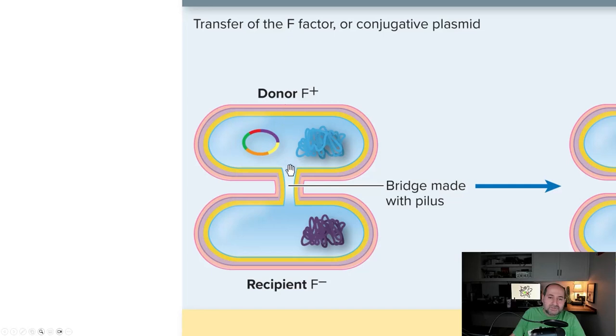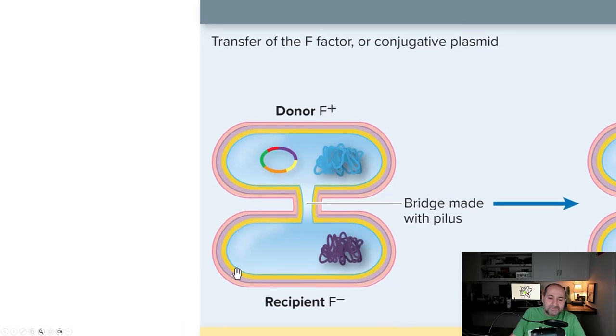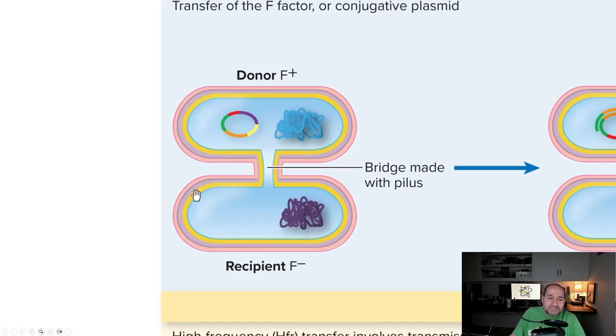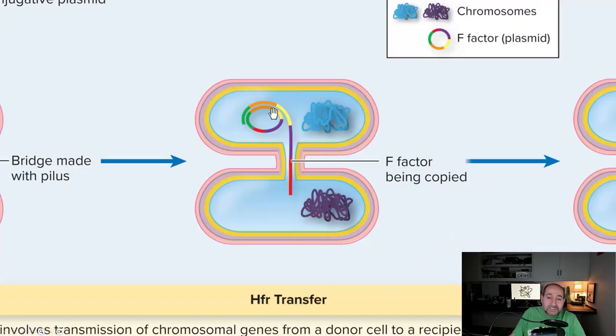This donor cell constructs a sex pilus, which docks onto a neighboring cell. And by the way, this neighboring cell does not need to be the same species. It could be a different species of cell. Now, once the bridge is made with the pilus, the plasmid is copied, and a copy of the plasmid is sent to the recipient cell.